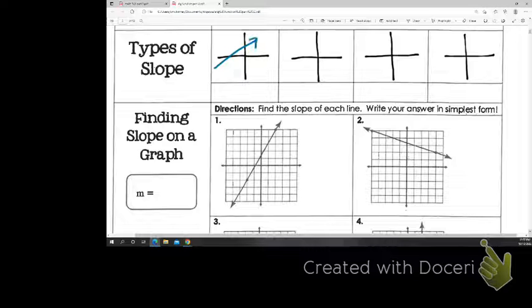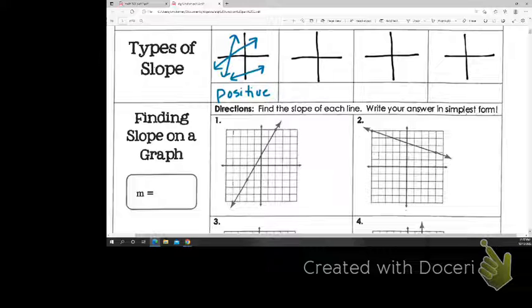So this is an example that's positive slope. But this is also an example of positive slope. All of those are examples of positive slope.